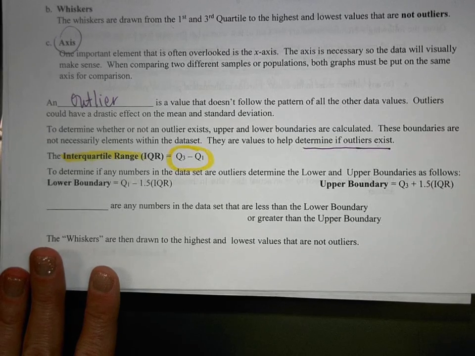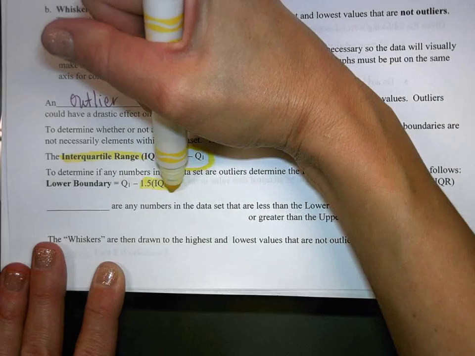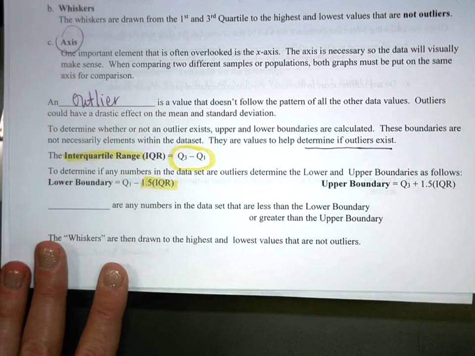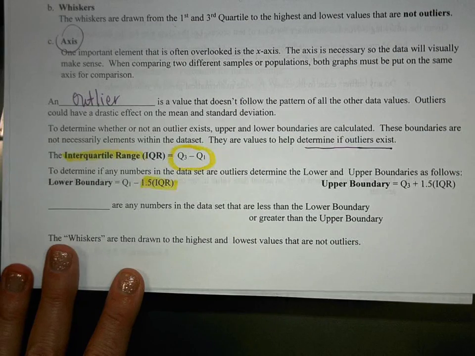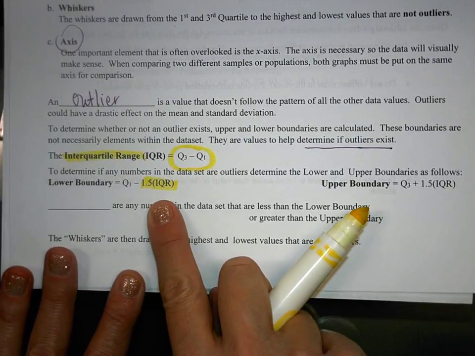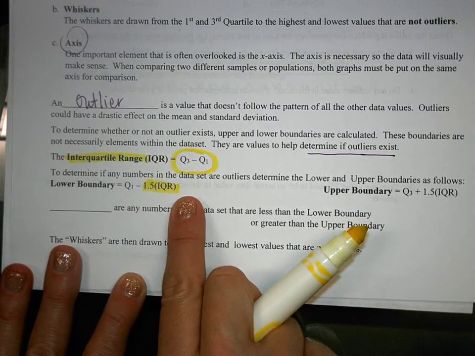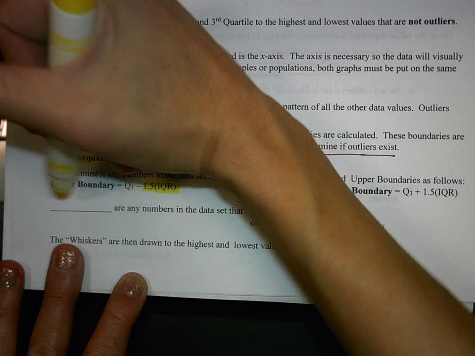Once you have that value, you multiply it by 1.5. This is how I remember it. So when you have that value, multiply it by 1.5, you get a value. You take Q1 and you subtract this value, and that gives you your lower boundary.